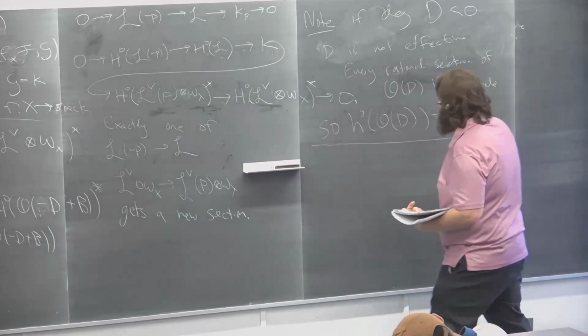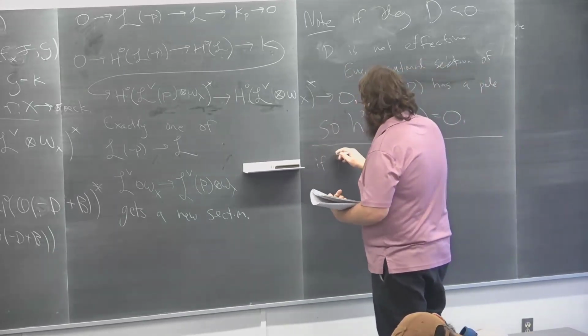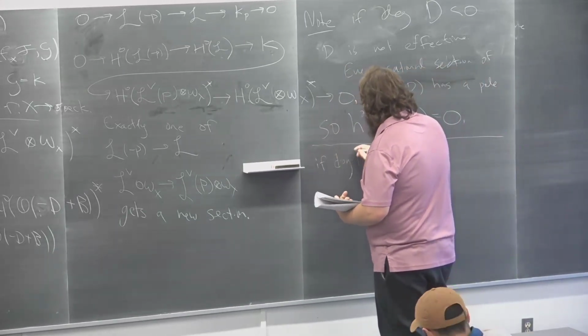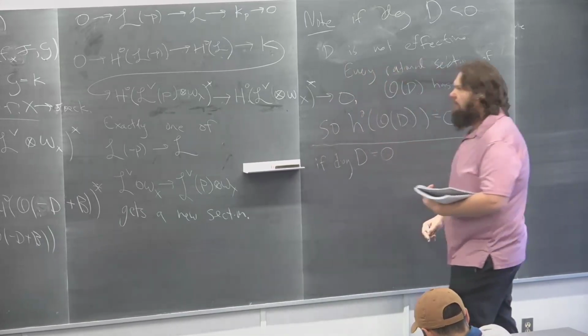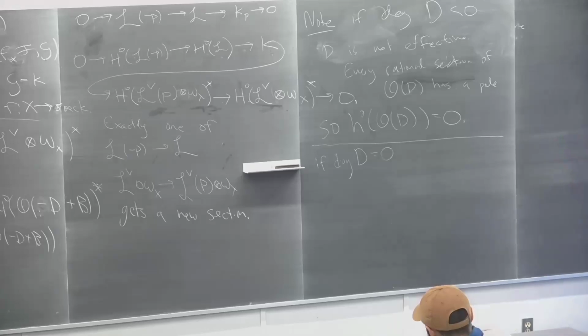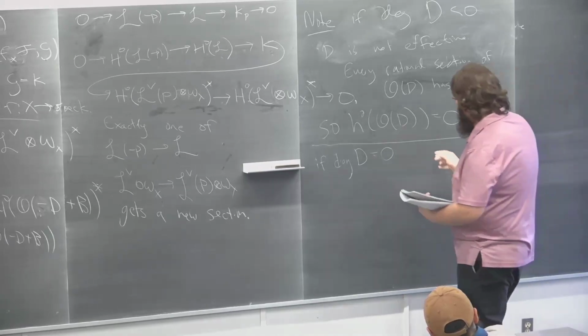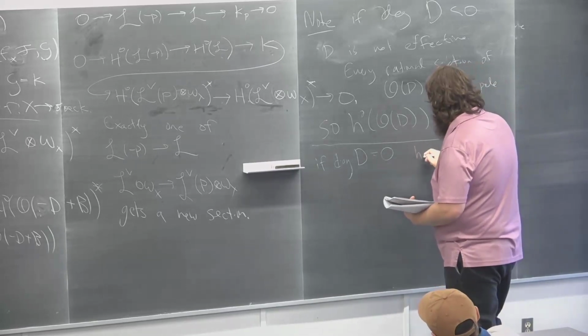Okay, small extension of this. If the degree of D is 0, then the poles and zeros have to balance out. So if I don't have any poles, I don't have any zeros either.